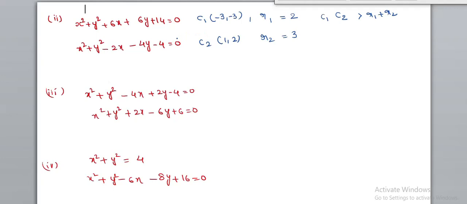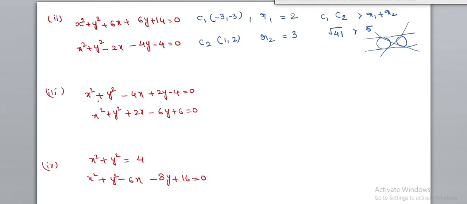C1 C2 distance is root 41, which is more than 5, that is 3 plus 2 equals 5. Since C1 C2 is greater than R1 plus R2, the given two circles do not intersect each other. The number of possible common tangents that can be drawn to the circles are 4. 1, 2, 3, 4.